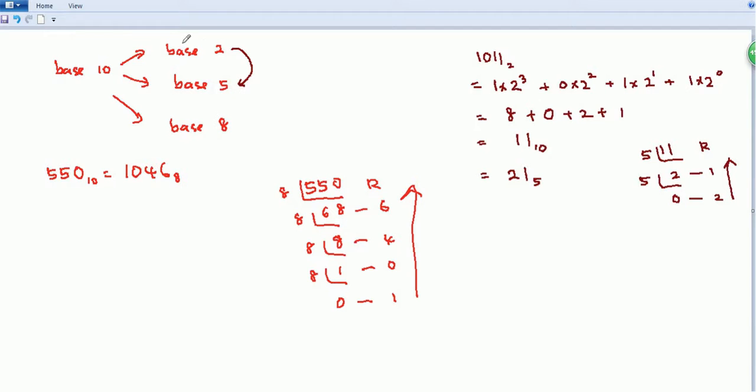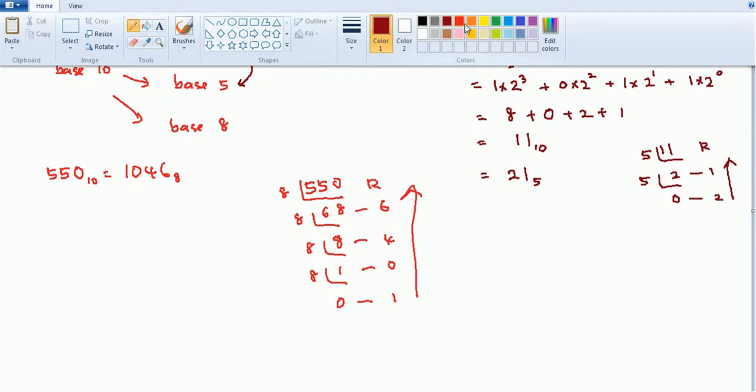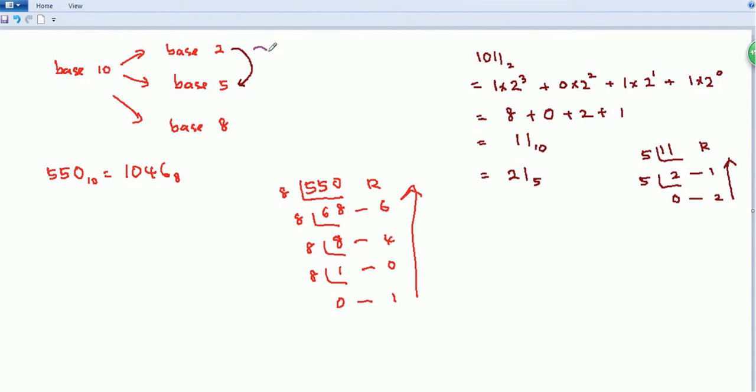Okay, so how about when we want to, I change the color, okay, base 2 to base 8. Okay, 1011 base 2, we want to change it to a number in base 8. Same thing, we change to a number in base 10 first, then only we go to base 8. So base 2 to base 10, 1, 0, 1, 1.